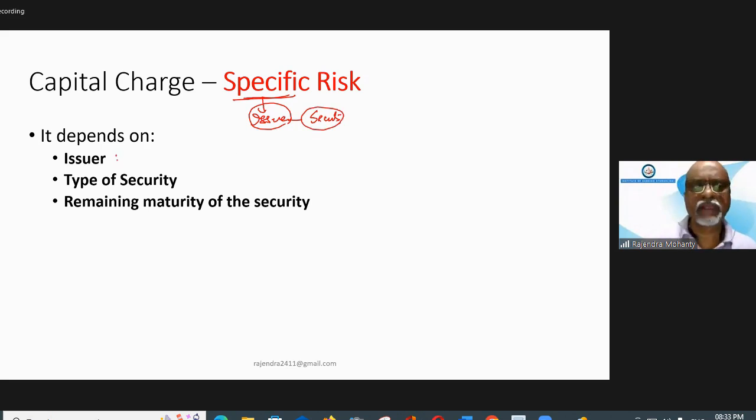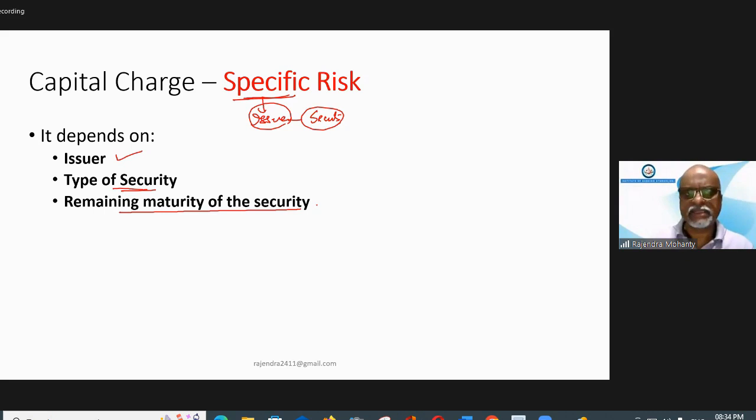It depends on the type of security, whether it's a bond or something else. And it also depends on the remaining maturity of the security. Here the MAC duration or modified duration tells how much risk there is, depending on the remaining maturity of the security.